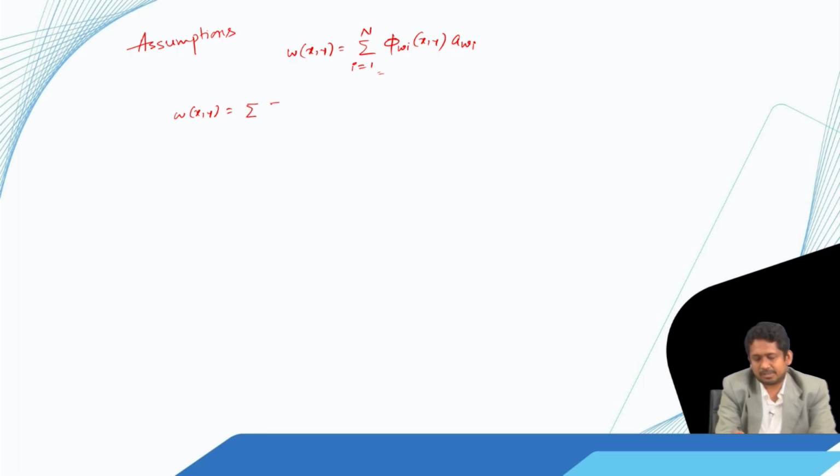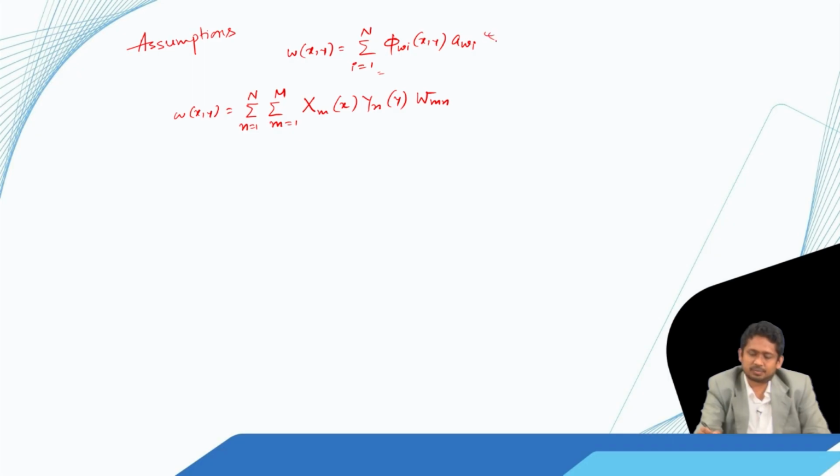So, our assumption would be this: m equal to 1 to capital M, n equal to 1 to capital N, X m a function of only x multiplied by Y n a function of only y, and then everything is multiplied with W m n.